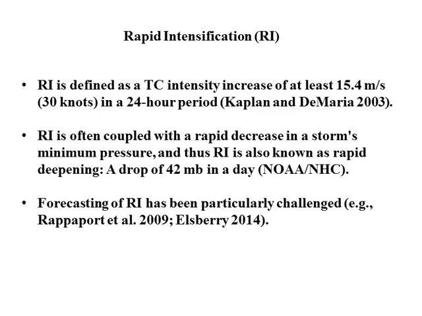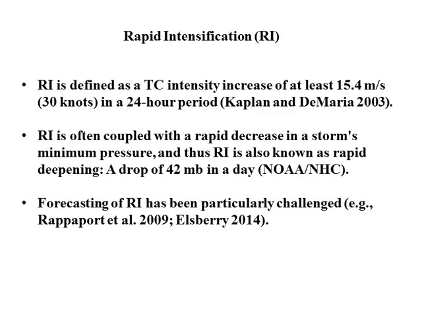So the National Hurricane Center also uses an RI definition if the pressure drops 42 millibars over 24 hours. However, in my study, I use the first definition. We use the wind speed to define RI.